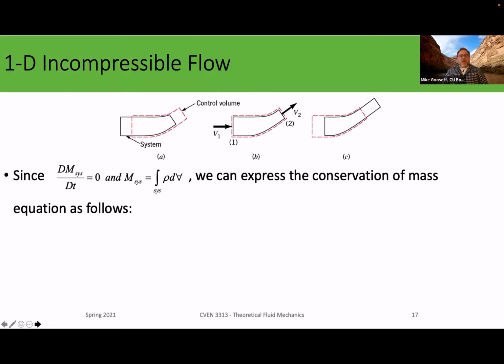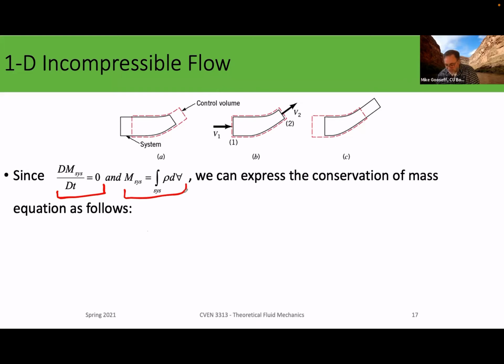Let's take the specialized case of saying, you know what, our system is made up of a fluid that is incompressible, and the system mass change with time has to equal 0. And of course, all of the mass of our system is represented with this simple expression.